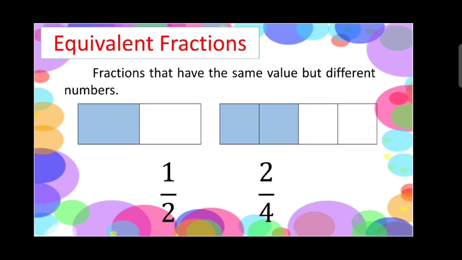So, tanong, si 1 half ba at saka si 2/4 ay magkaparehas? Yes, same sila ng value. Kung gagamitan natin siya ng cross multiplication, 2 times 2 equals 4, 4 times 1 equals 4. So, alam naman natin, 4 is equal to 4. So, 1 half is actually equal to 2/4.